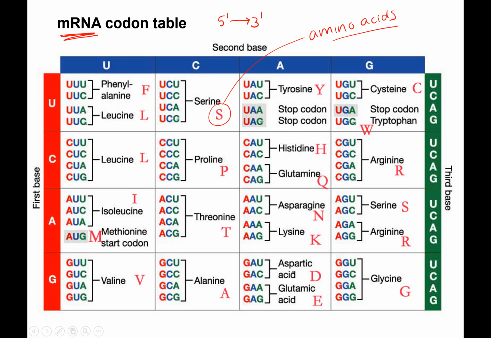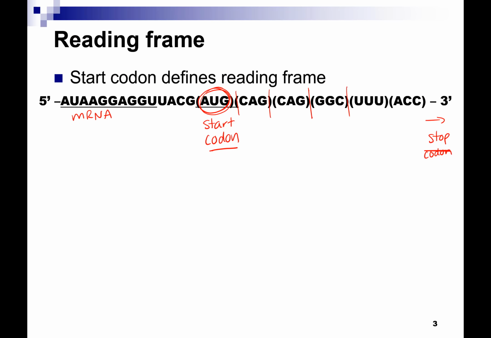Okay, so back in this mRNA codon table, remember we have 3 stop codons, and AUG is always the start codon. And stop means stop. Even if there's RNA past that sequence, you stop translating at the stop codon.